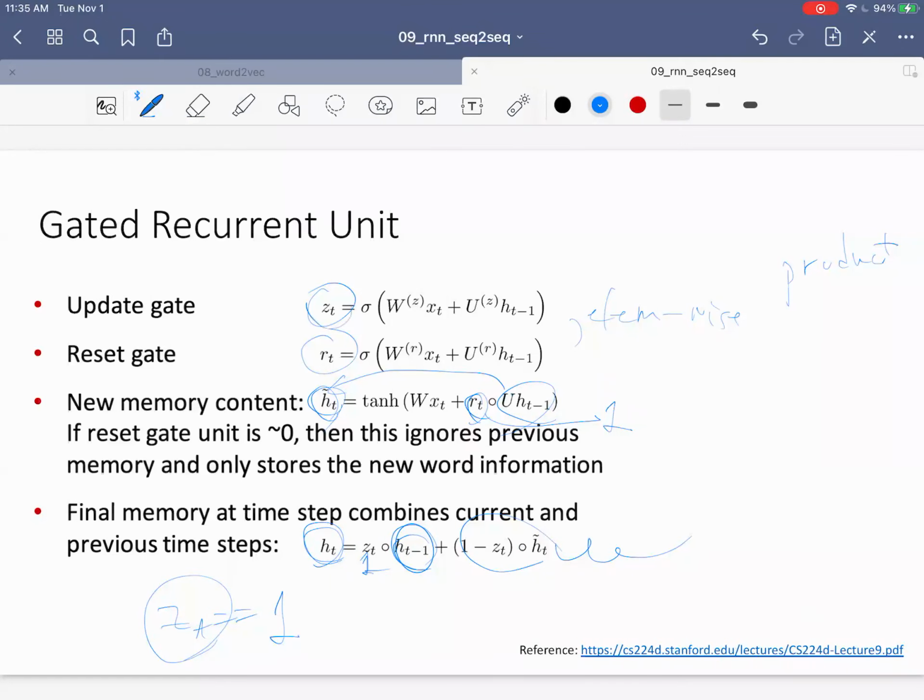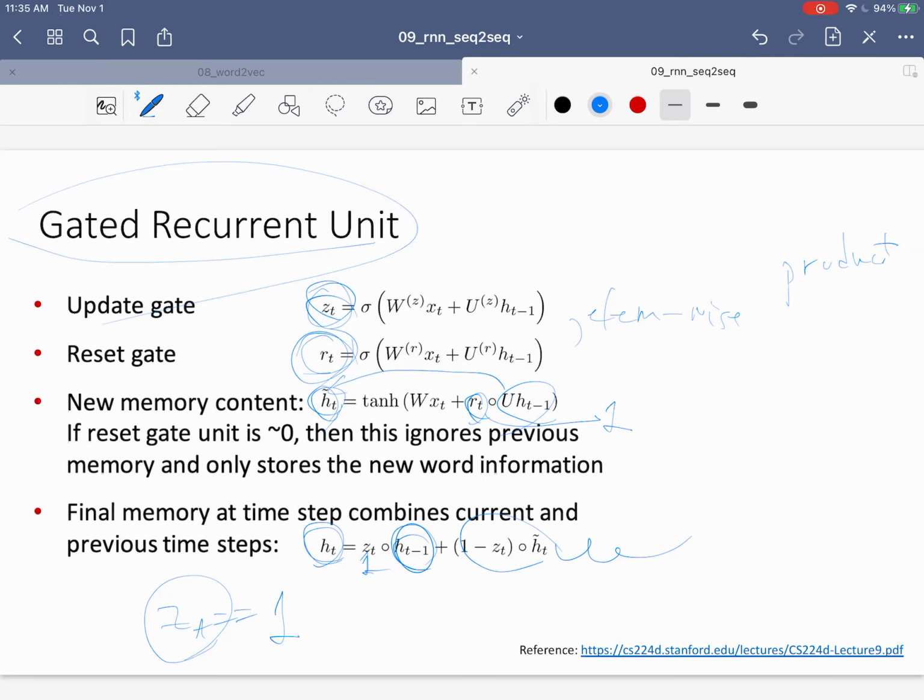That's how ZT and RT control which information flows to the future and which information is prevented from flowing to the future. So that's how GRU can remember for a longer time than RNN, because based on these gates, GRU is able to forget unimportant or meaningless input, and retain meaningful or impactful input.